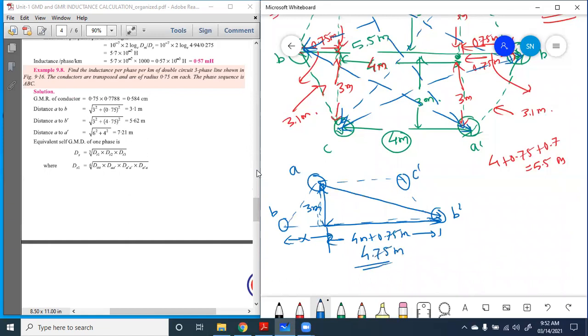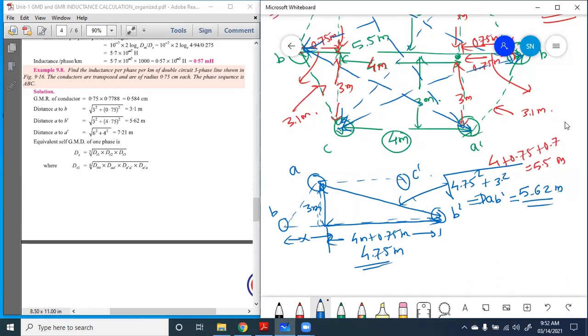What is the distance between A and B'? That is the square root of 4.75 square plus 3 square, which is equal to 5.62 meter.